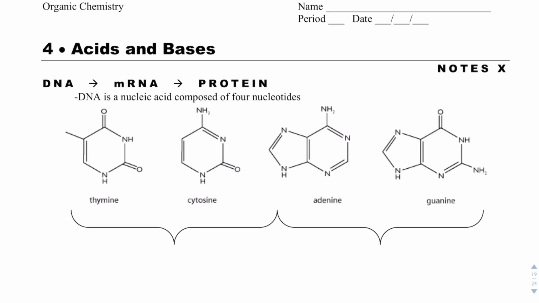So, DNA is made up of base pairs. The ones that are made out of one ring, or one cyclic structure, would be pyrimidines. And then the ones that are bicyclic, with two rings, would be purines. When I took biology in high school, I remember learning the phrase "pure as gold."